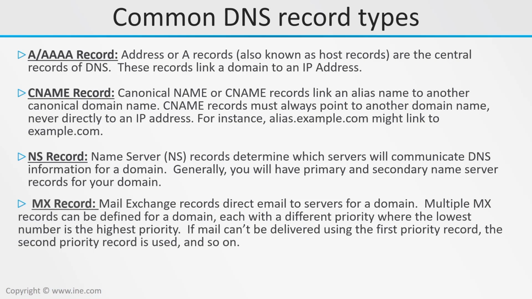And if you have multiple mail servers in your environment, the lowest number is the highest priority. Typically 0 is used for your main server, and then it would start going down the list if that first record is unable to deliver mail.